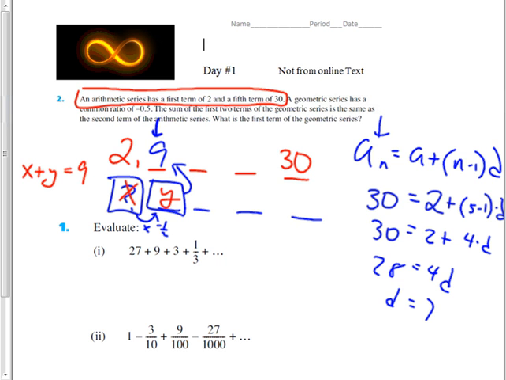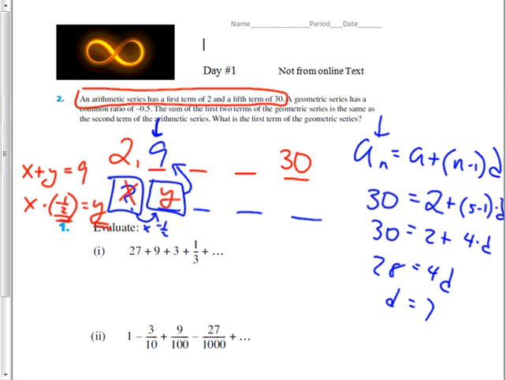And would you agree that x times negative a half equals y? What I just did there? I wrote out a little system of equations. Because this times the common ratio gives me that.